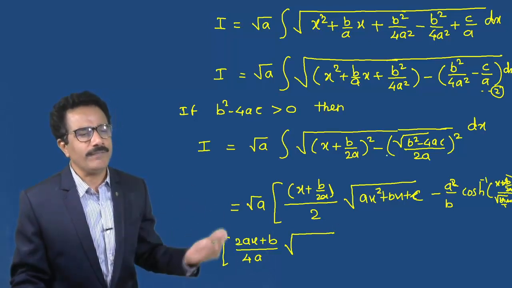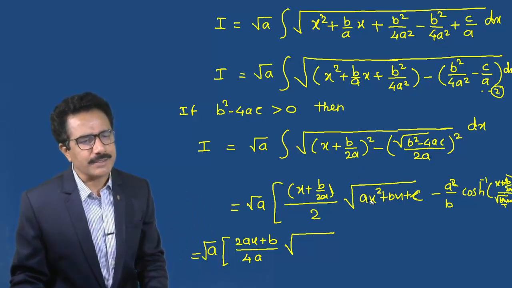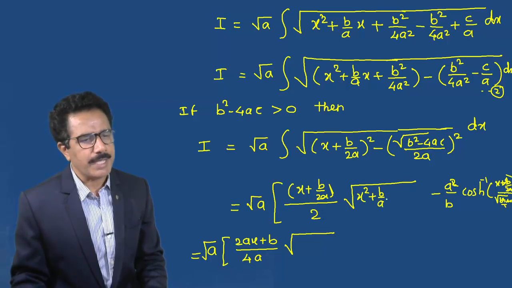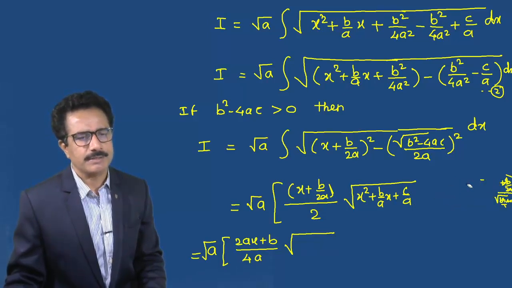this same function, which is what we get after taking a common. So we can write this as x square plus b by a into x plus c by a. And here it is the same; let me write it once more properly, you can't see it.